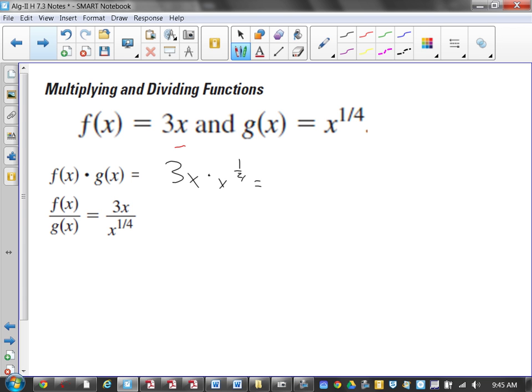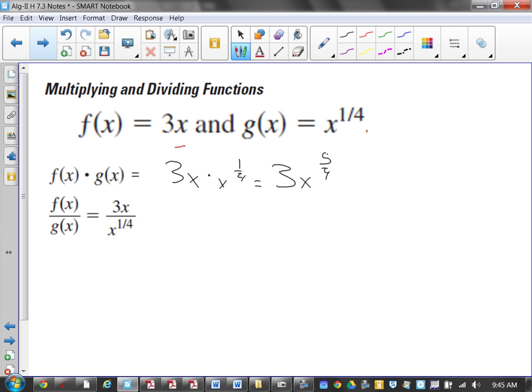What do you get? 3x to the 5 fourths. Using your exponent rules again, same base, different exponents. You're multiplying, so you add the exponents together. The x value has an exponent of 1, it's just not written. You add a fourth to it and you get 5 fourths. So your final answer, when you multiply them out, would be 3x to the 5 fourths.